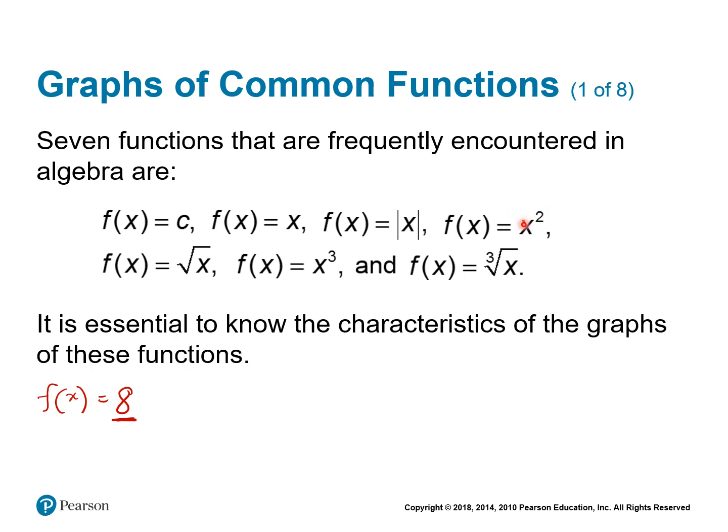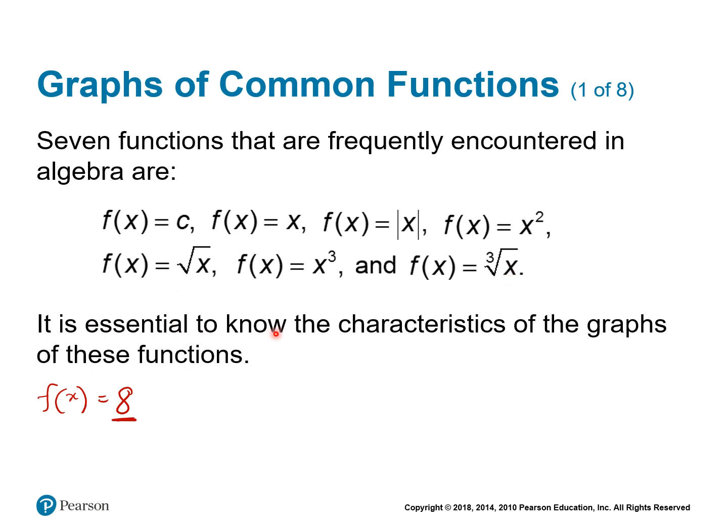A quadratic function is one where the highest degree in the equation is a 2. It's a square. So this is a quadratic function. Then we have f of x equals square root of x. We have f of x equals x cubed, and then we have f of x equals the cube root of x.